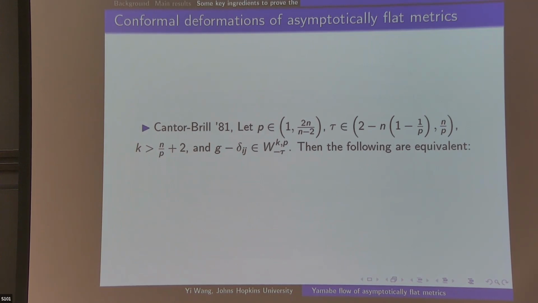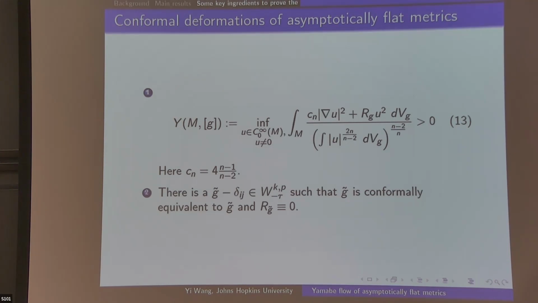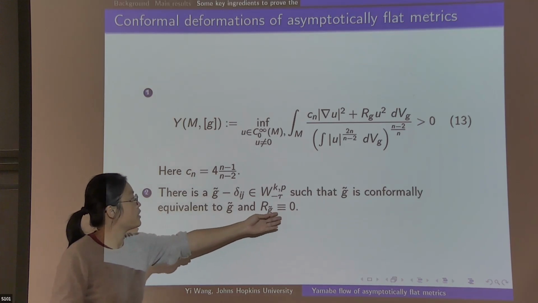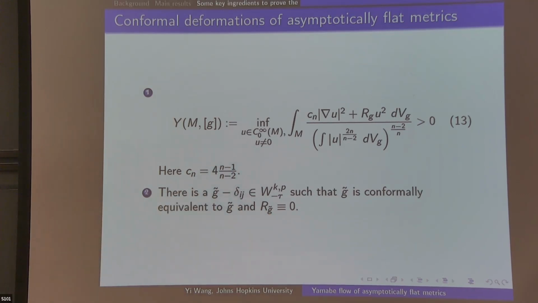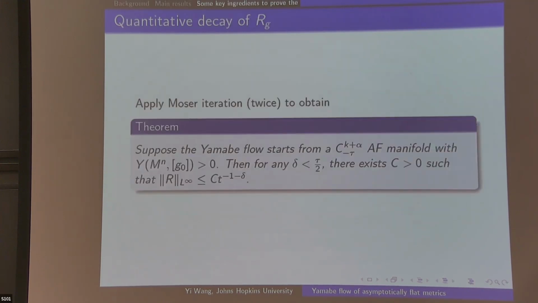They proved that the following two statements are equivalent: Yamabe positive is equivalent to saying that the manifold admits a scalar-flat metric. These two statements are equivalent to each other in this asymptotically flat setting. All right, so this is the second one.